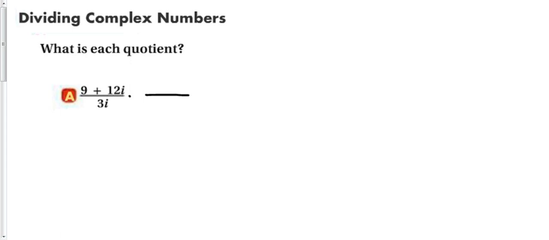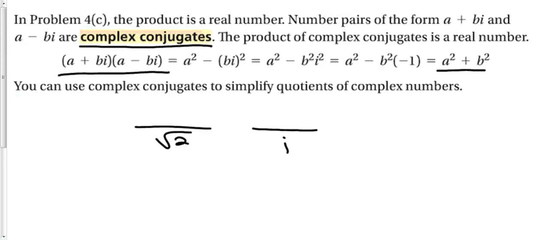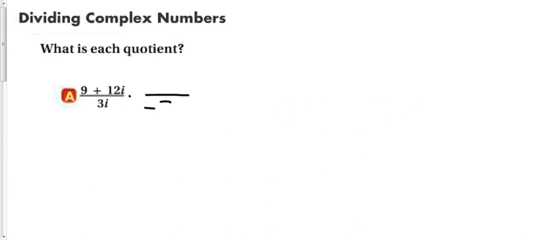Now that's a pure imaginary number, so the real part doesn't change. Notice back here, the real part doesn't change, only the imaginary part changes signs. So the conjugate would be negative 3i. Okay? Multiplying these two together, let's start with the denominator. This would give me negative 9i squared, which would turn into a positive 9.